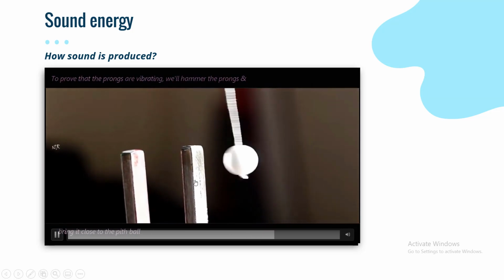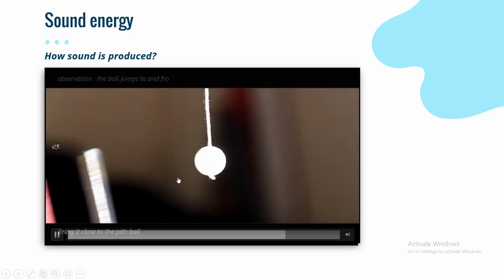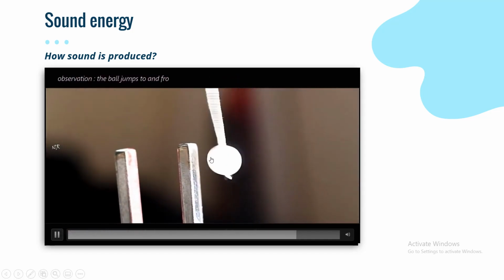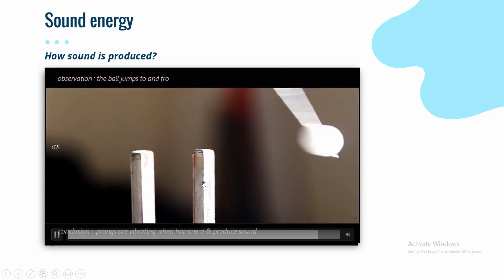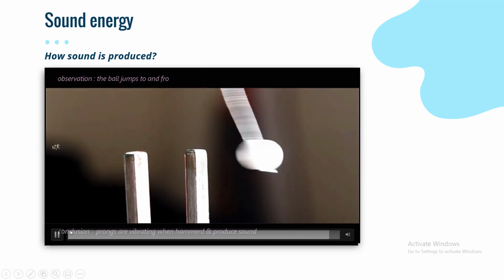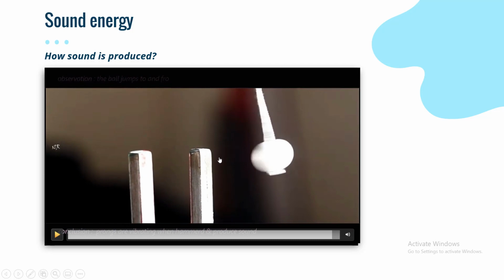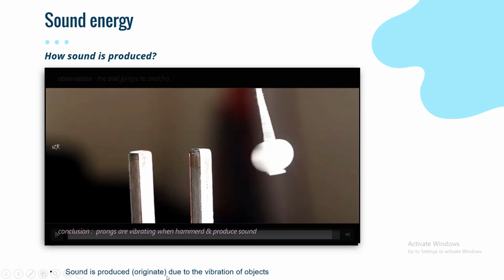That's because of the vibrating of the tuning fork. This is the proof that the tuning fork is vibrating, and hence it creates sound. So we conclude that sound is produced due to the vibration of objects, okay?